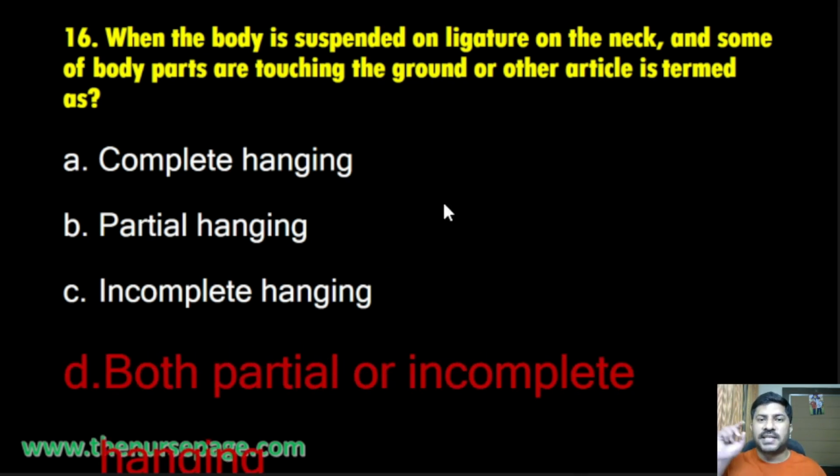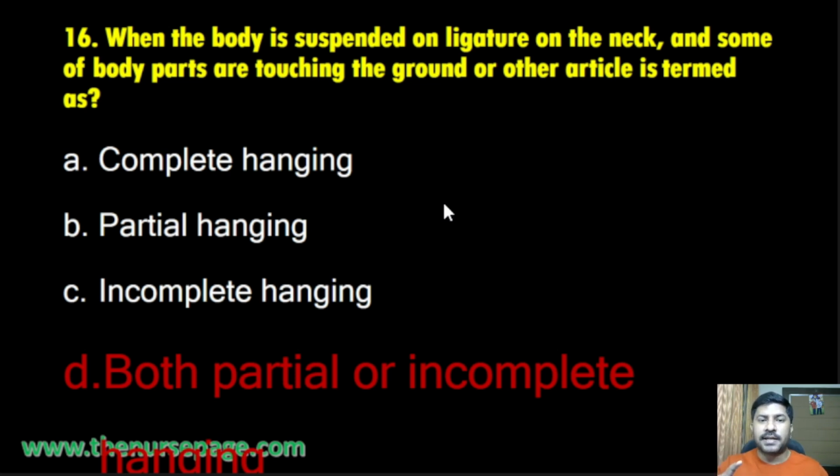If a body part is touching anywhere, either the ground or any table or any other article, it is known as incomplete or partial hanging. Another classification of hanging is complete hanging and incomplete or partial hanging.